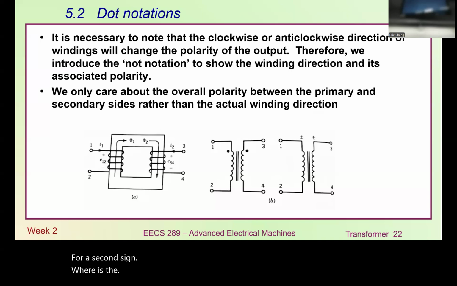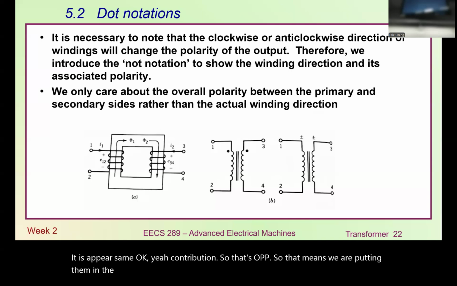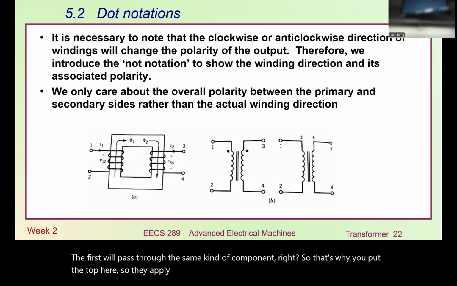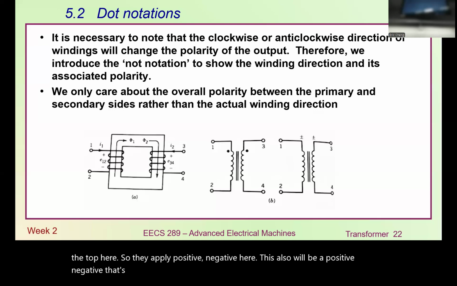Up, same, continuation. So that means the flux passes through in the same direction, so that's why we put a dot here. When you apply positive, negative here, this also will be positive, negative. That's how we can see the phenomenon.